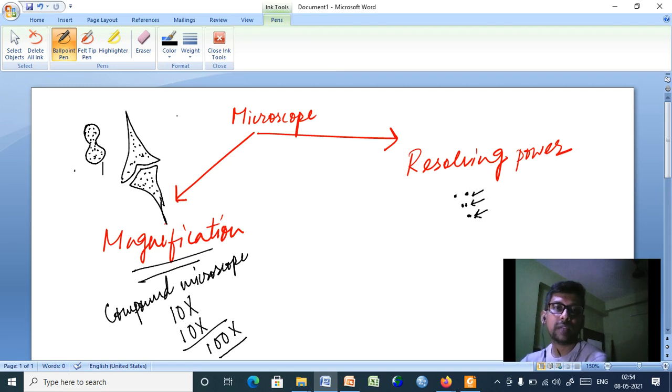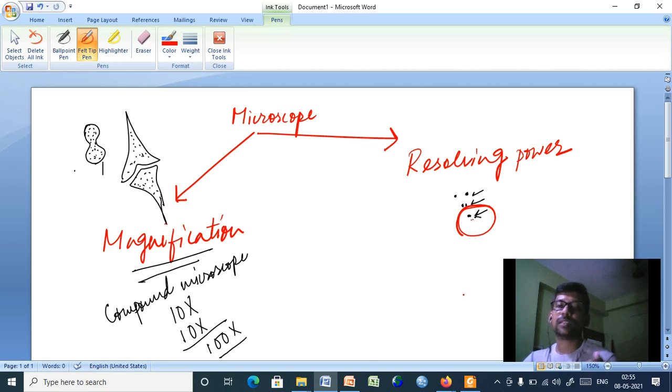The most critical condition I am explaining here is very difficult to differentiate, but a microscope with a good resolving power can differentiate this as 2 points, although they are very closely placed. So a good microscope must have a higher magnification quality with a suitable or appropriate resolving power.